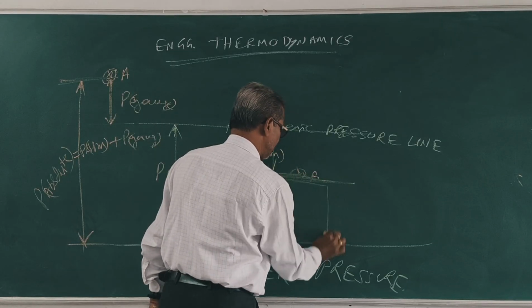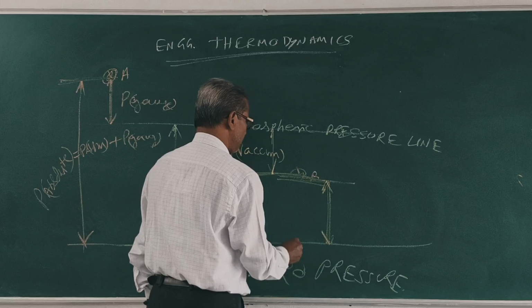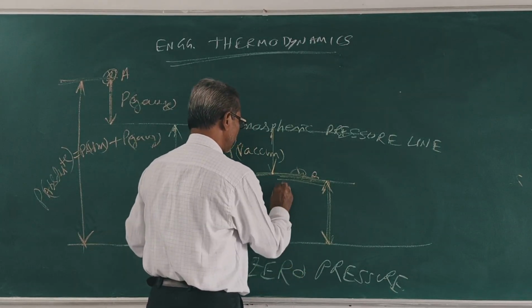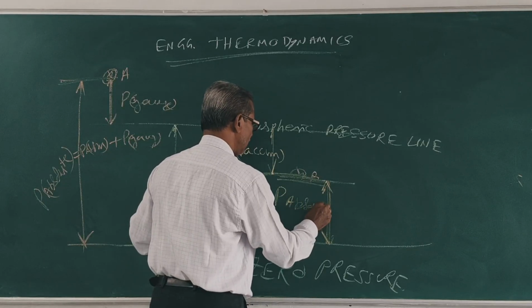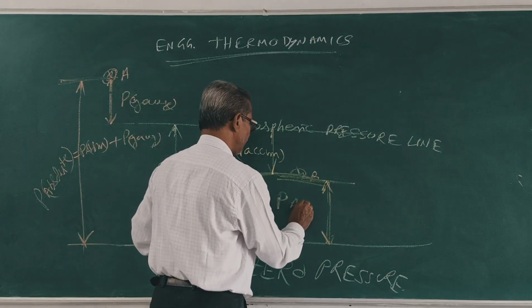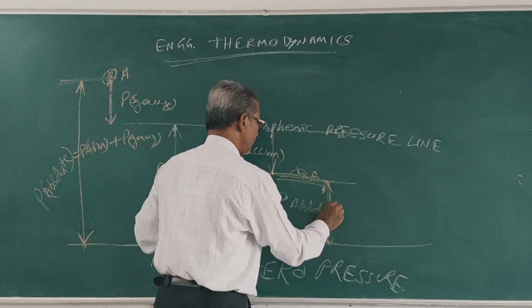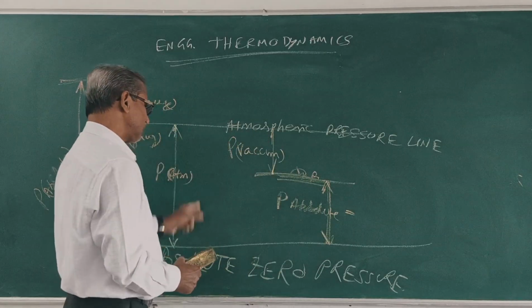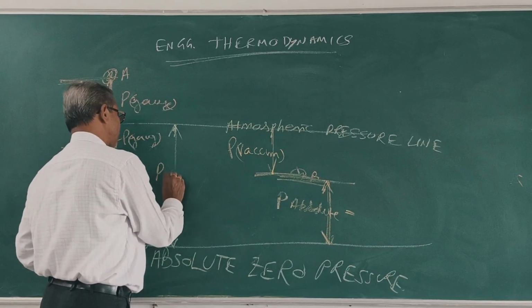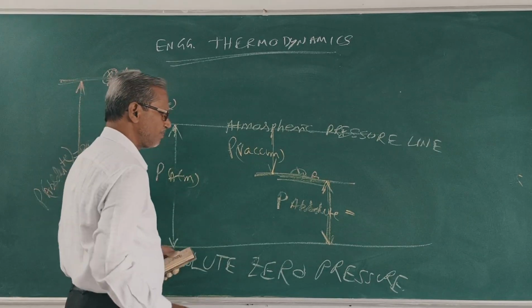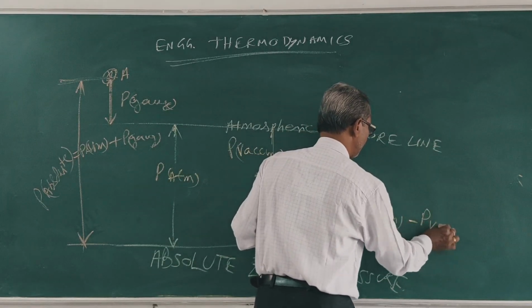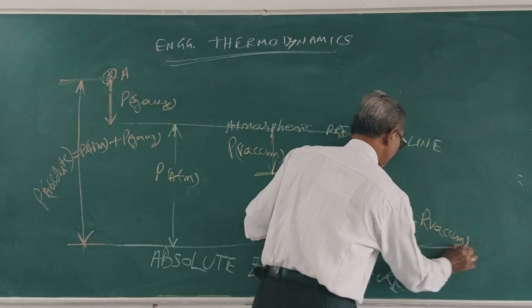So this is P absolute at B. What is P absolute? This means this is P atmospheric minus P vacuum. Clear?